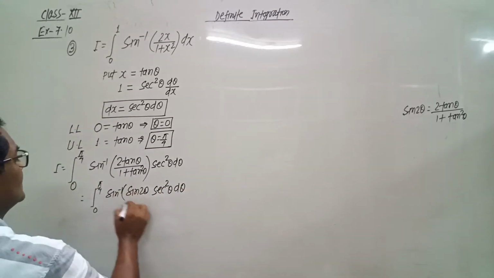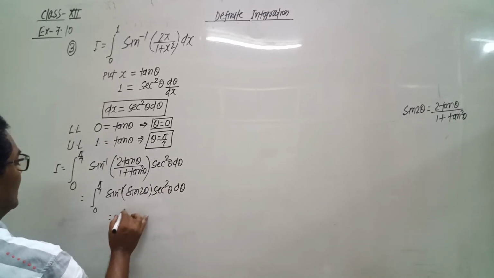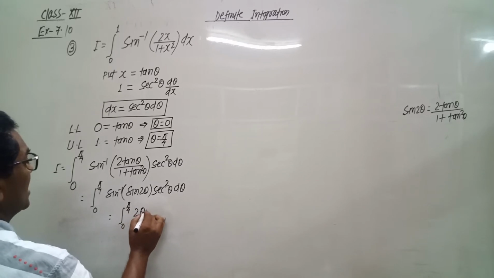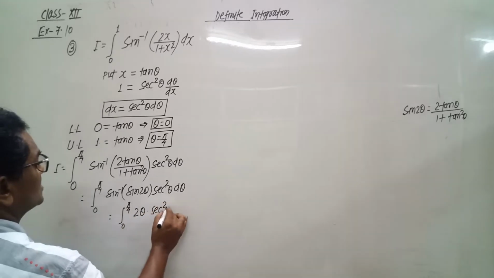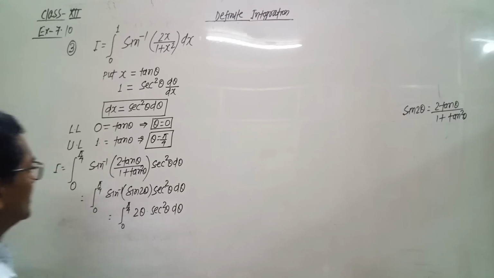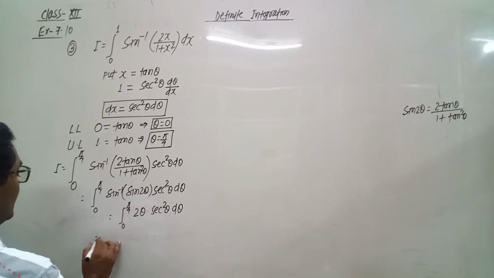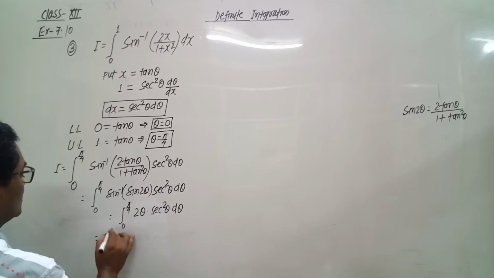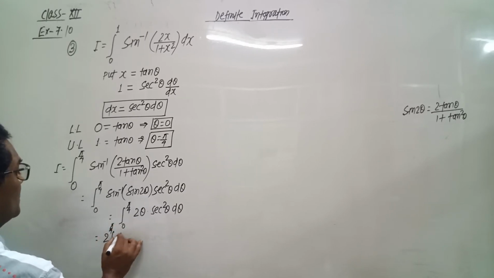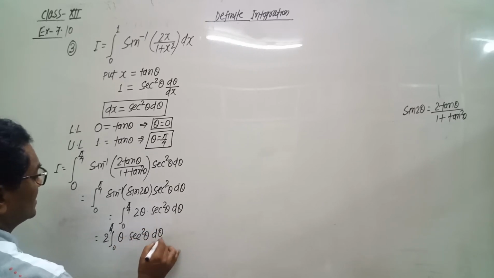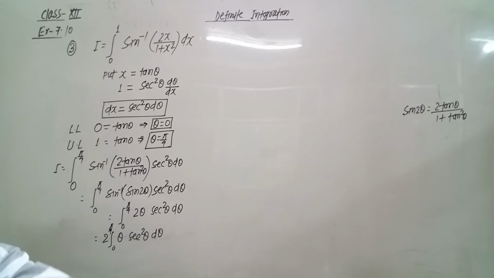So sine and sine inverse cancelled, and it comes 0 to pi by 4, 2 theta into sec square theta d theta. Then 2 is the constant term taken outside the integral. So 2 integration 0 to pi by 4 theta into sec square theta d theta.